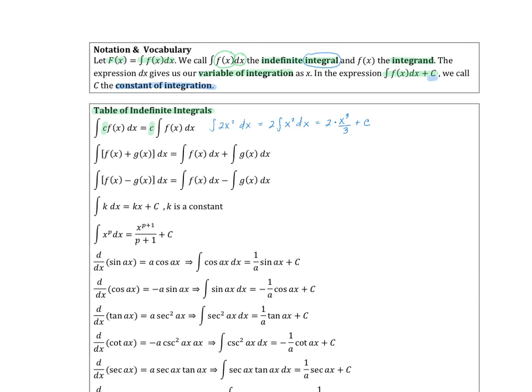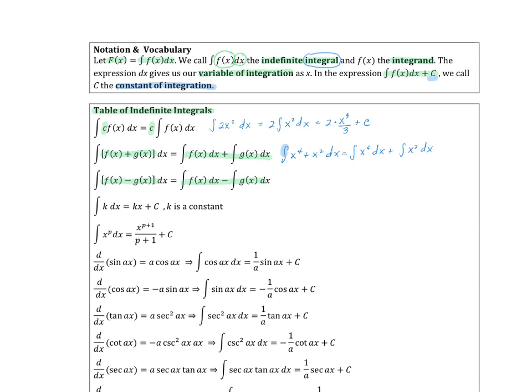Now if you're adding or subtracting functions in your integrand, you can separate them into separate integrals. For example, if I was integrating x to the 4th plus x squared with respect to the variable x, I can write this as the integral of x to the 4th with respect to x plus the integral of x squared with respect to x.